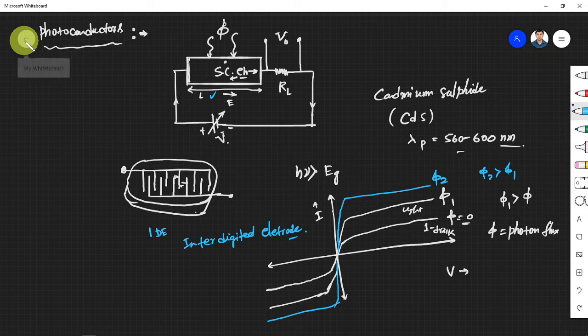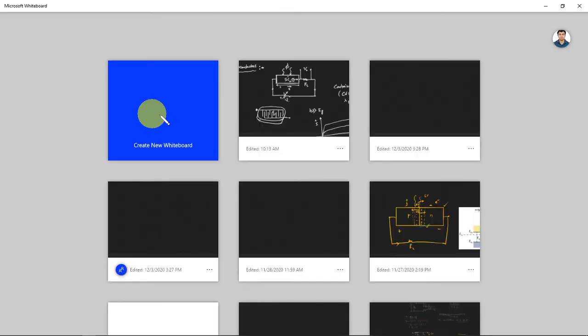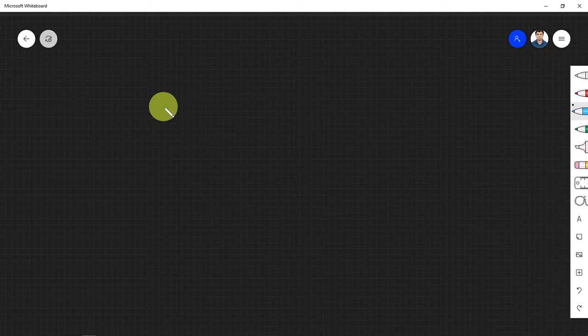Okay, so let's go and see photodiodes. I'll take a new board. So now let's talk about the photodiode.